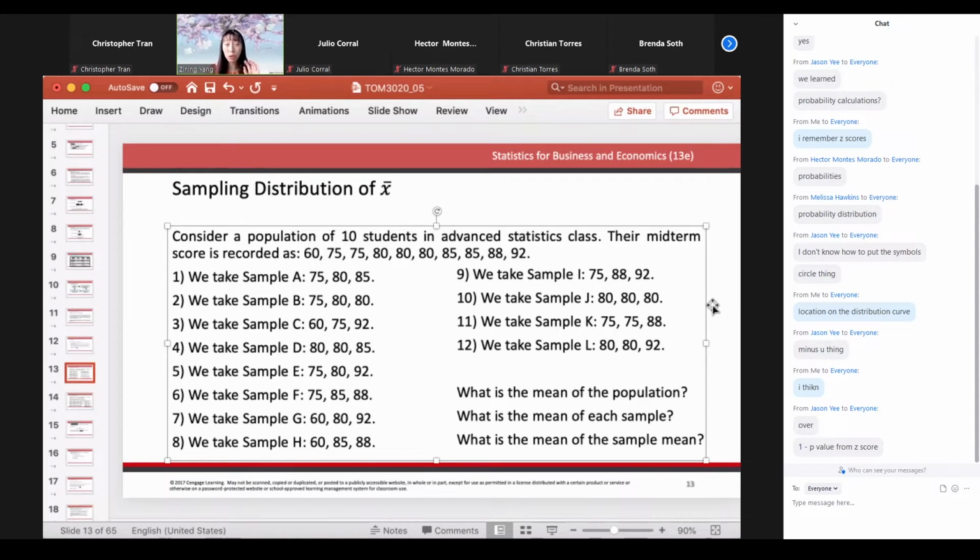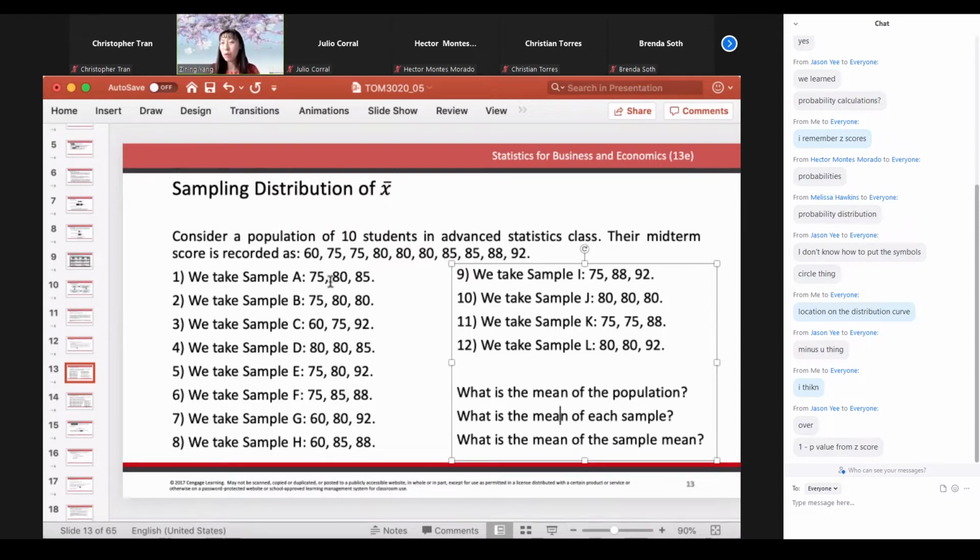Now I really want you to practice on your own, and then we compare numbers together. Answer a few questions for me. Number one, what is the mean of the population? Ideally, we want to have enough time to handle the population, so what's the right number for the population? We want to calculate that. Number two, which is a little time consuming: what is the mean for each sample?